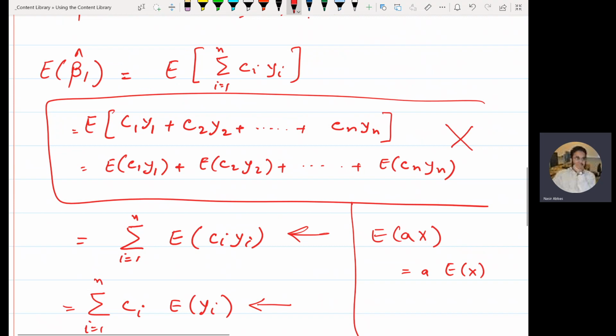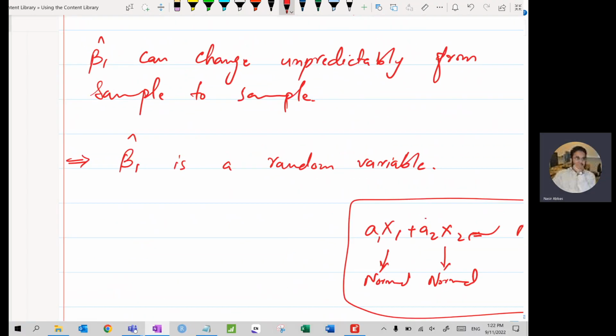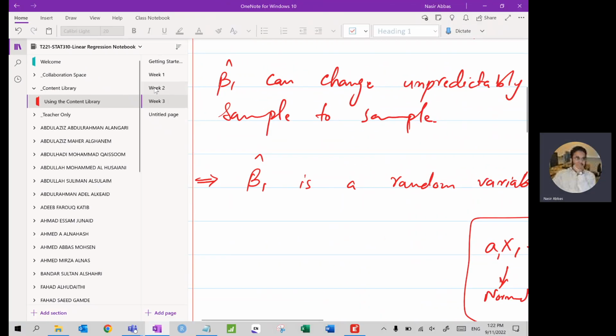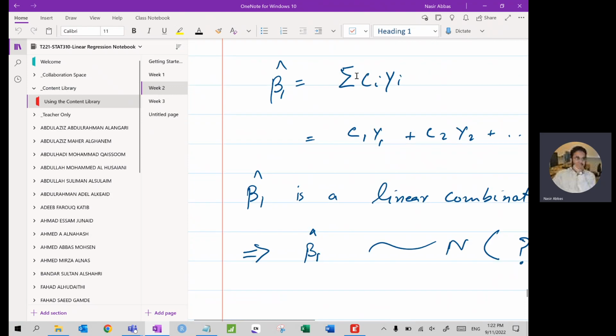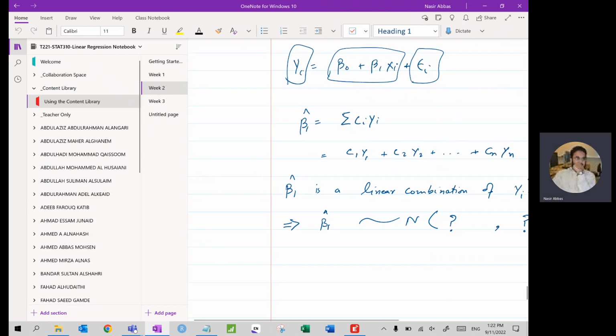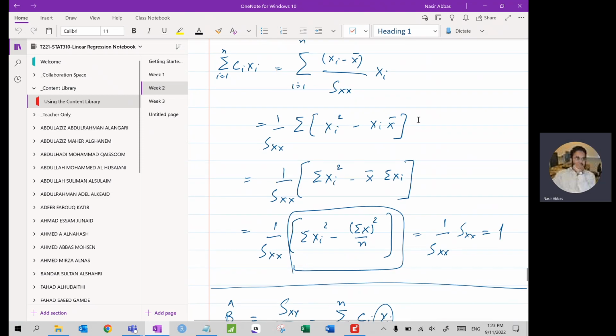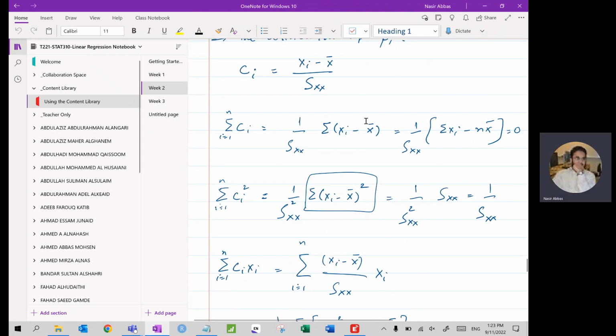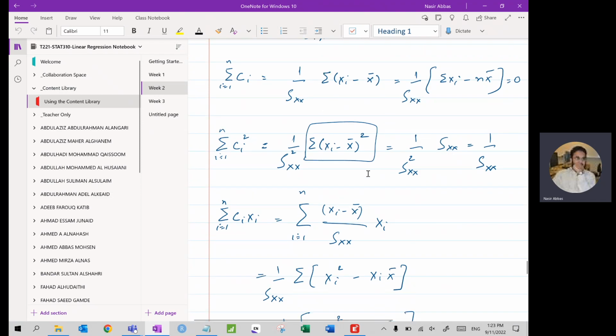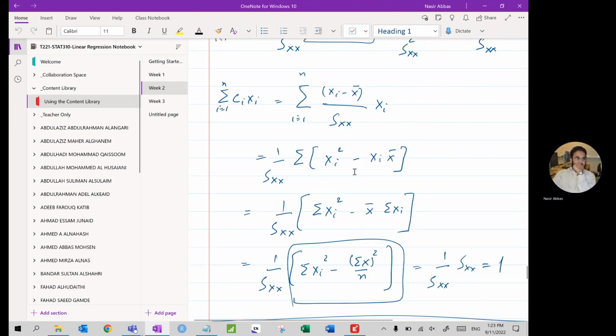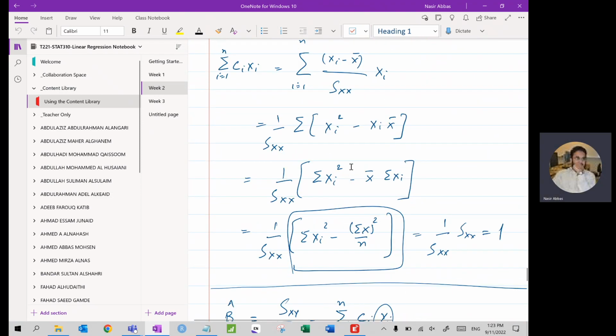Now we go back to where we found the summation of Ci and the summation of Ci xi. Where is that? Did we do that? Yes. We found the summation of Ci to be 0, and the summation of Ci xi at the bottom, we found it to be, where is it? We found it to be 1. Yes, 0 and 1.